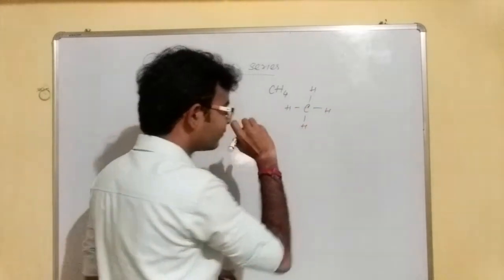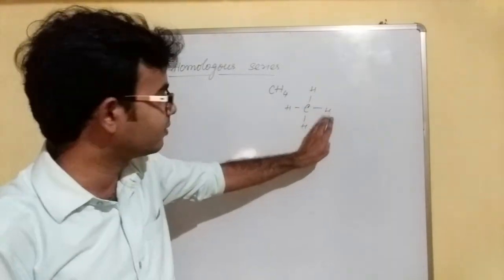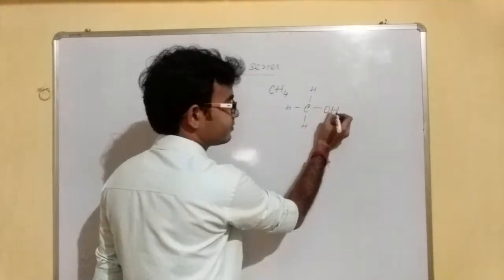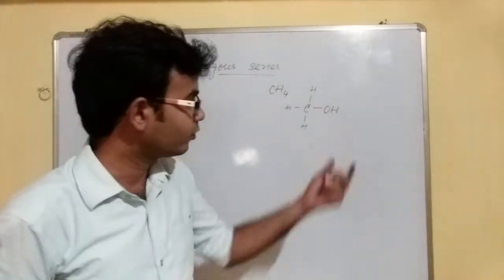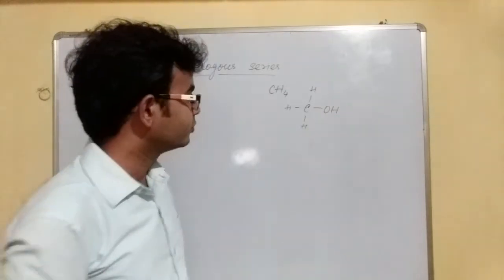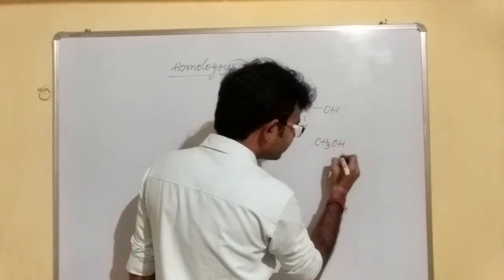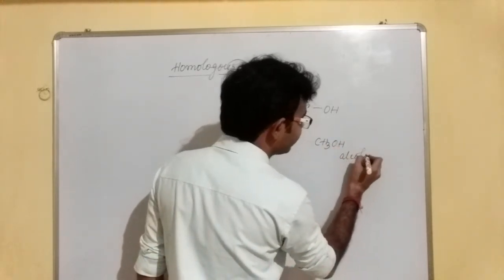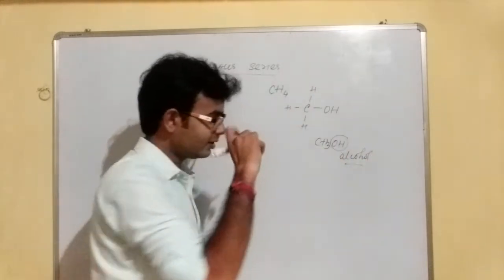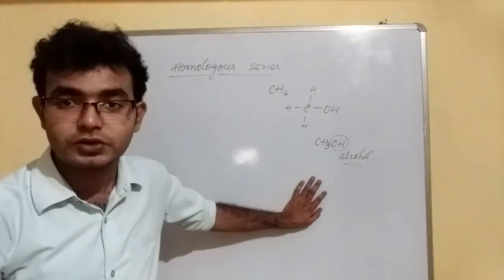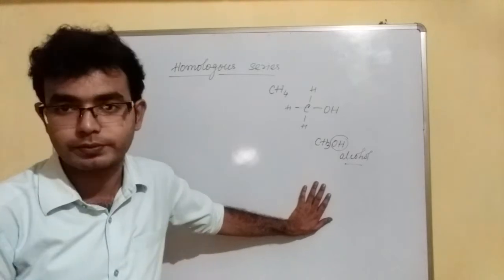Now, if one hydrogen atom of this compound is replaced by OH, which is a group of atoms, it will be CH3OH. Now it belongs to the alcohol family. Here OH provides special properties to this compound, so OH is the functional group.